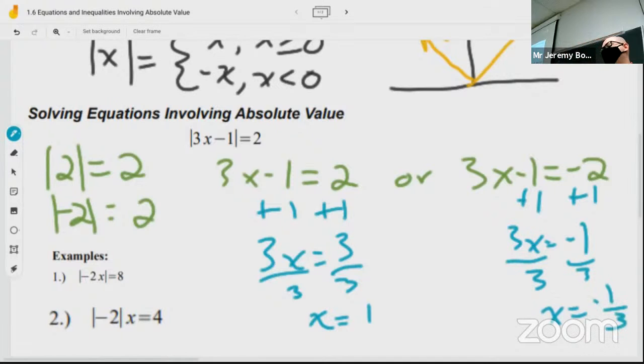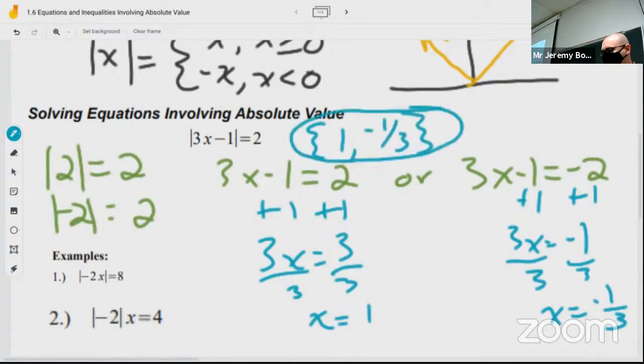And so this equation here has two solutions, 1 and negative 1/3. Any questions on that?